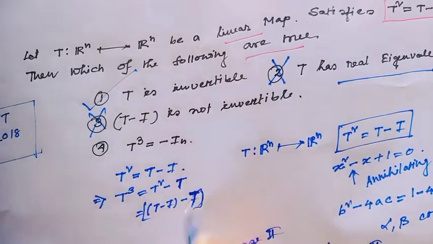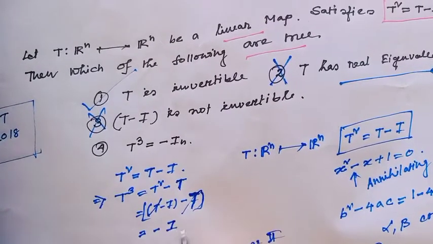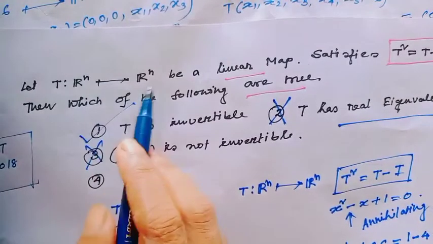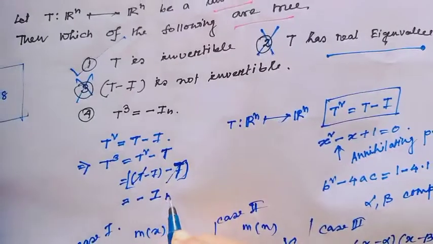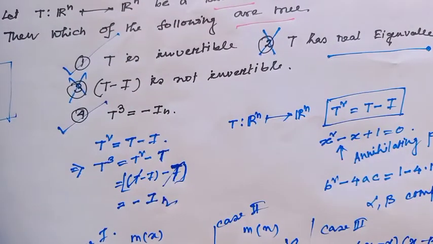Just cancel this part, then t cube equal to minus identity. Since here the operator is from Rn to Rn, that means here would be In. That means option 4 is a right option.